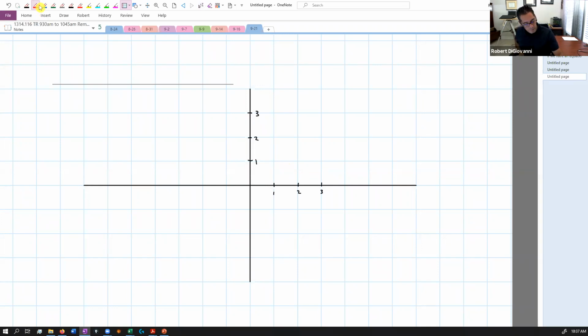Okay, here's the function. I'm not going to do arrows. I'm going to make it just.